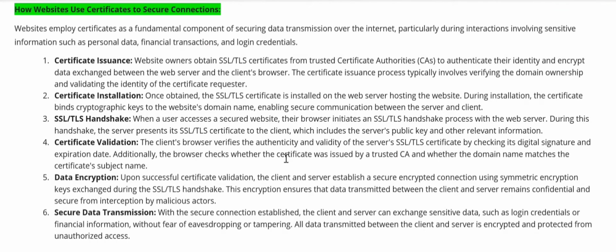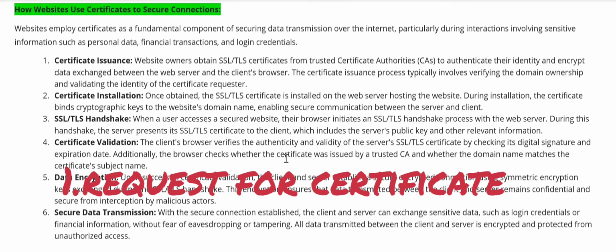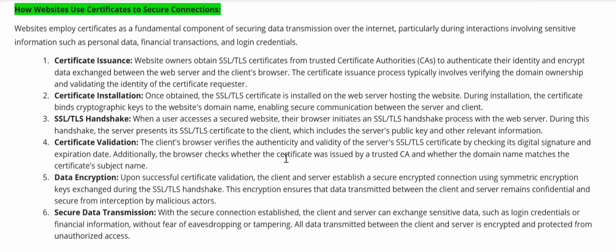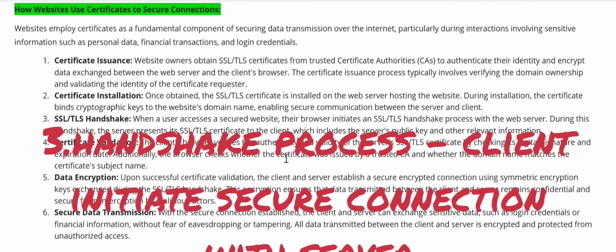So now let's understand how websites use certificates to secure their connection. So step 1, website owner requests a certificate from certificate authority. Step 2, certificate authority validates their ownership and issues a certificate to them. Step 3 is the handshake process, where browser initiates an SSL process with web server.